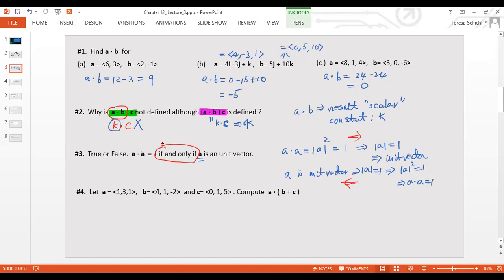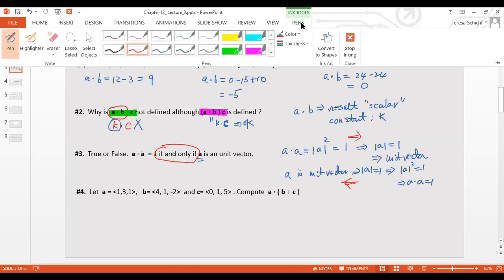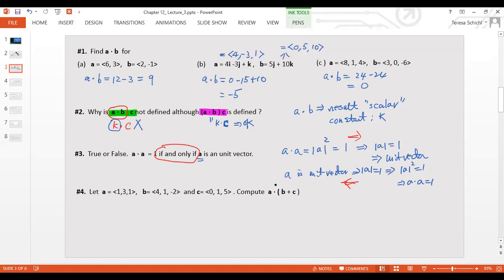Okay, so number 4. Number 4 is also pretty straightforward. So let's say A dot B plus C. I can do B plus C first. B plus C is 4, 2, and 3, right? 4, 2, and 3, it's good.